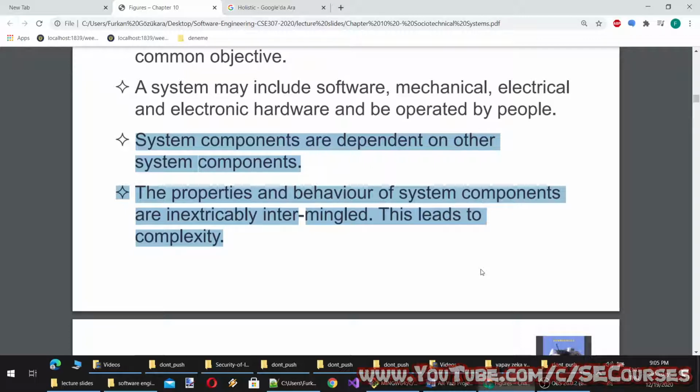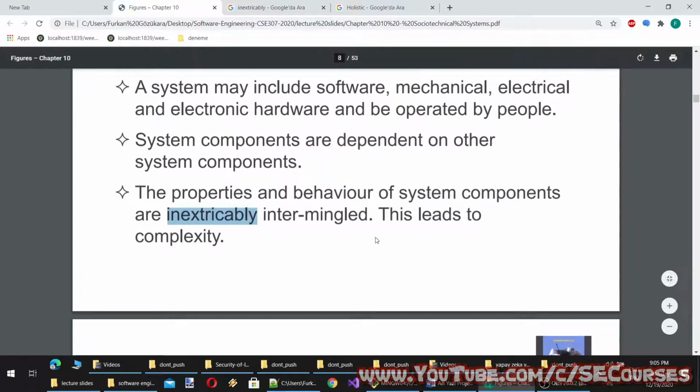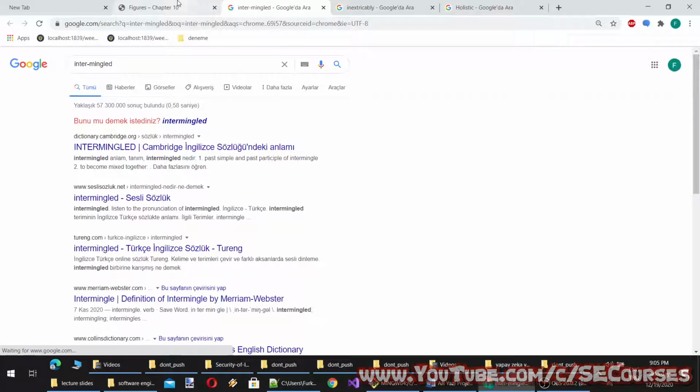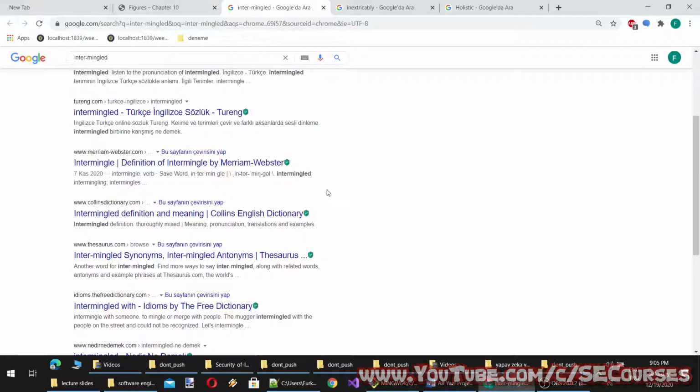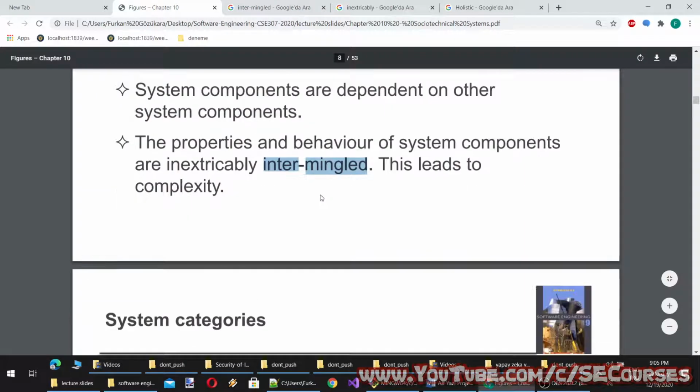The properties and behavior of system components are inextricably intermingled. This leads to complexity. Okay, intermingled means strongly mixed.